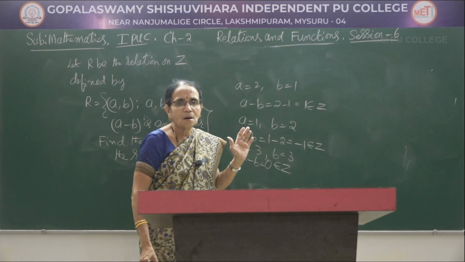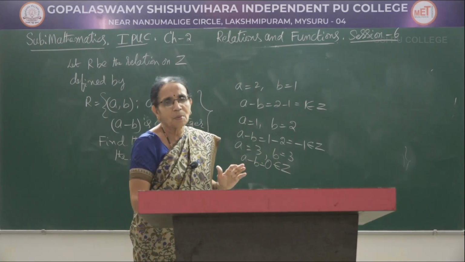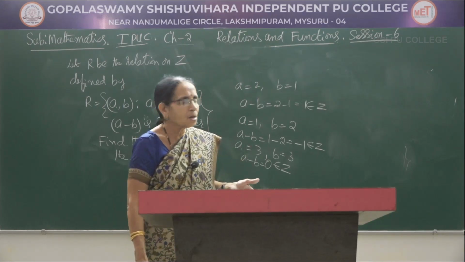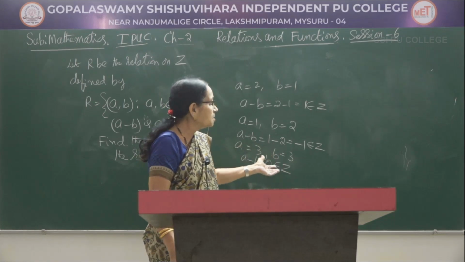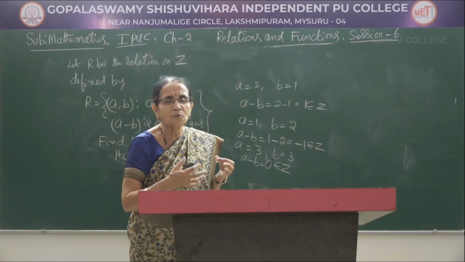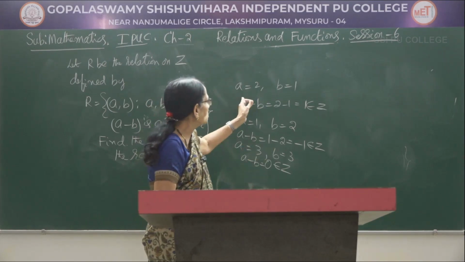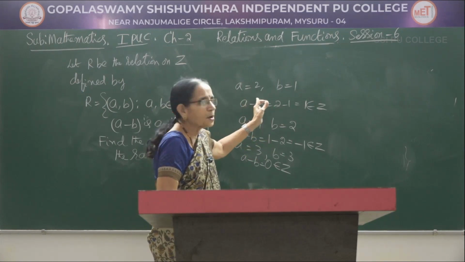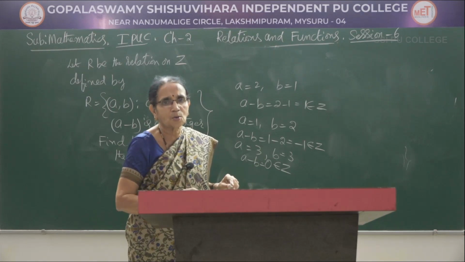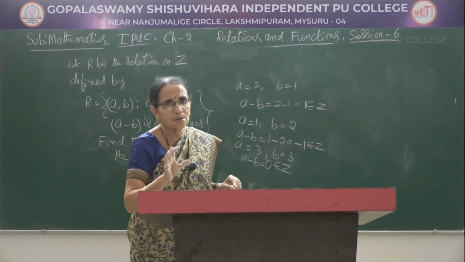Since A and B are taking integral values here, their difference A minus B may be either a positive integer or negative integer, or when they are equal it may become 0 also. So, in whatever way you take the combination of A and B, whatever values you assign for A and B, negative values, positive values, all of them, as you know, we are giving only integral values. So, when you take the difference, automatically it becomes an integer.